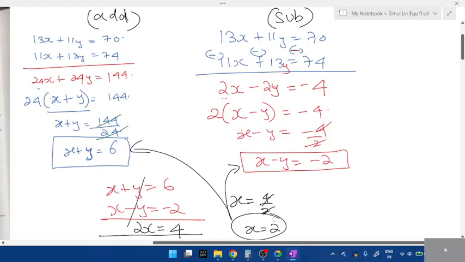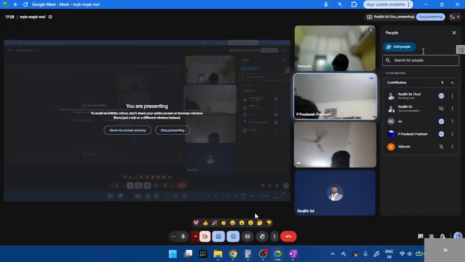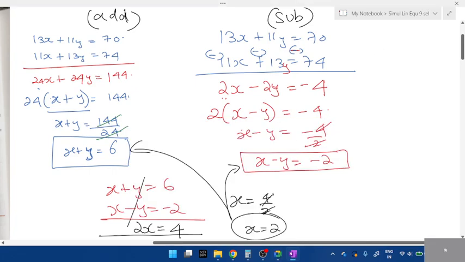So first add both the equations, you'll get an equation, then subtract it. Okay, find the value of y, students.